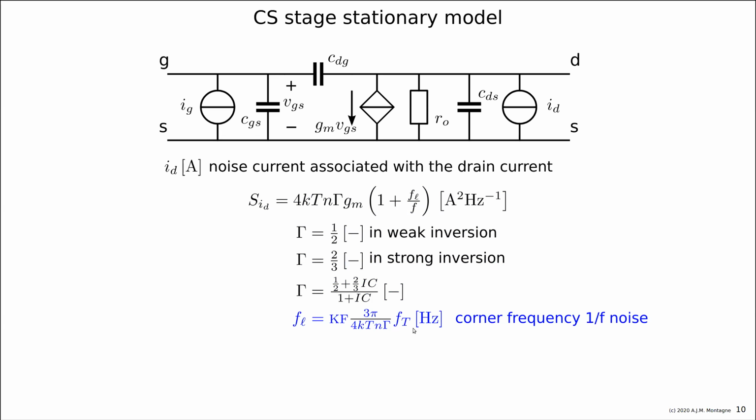That's important. We will use this knowledge later on if we are going to optimize the noise behavior for a capacitive source, and we want to have a low corner frequency for the 1 over f noise.